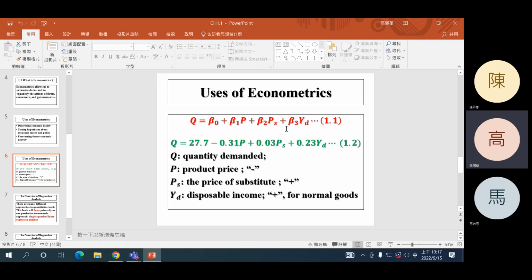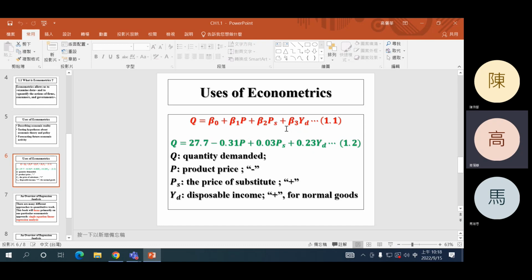And what will decide the quantity of the iPhone will be on the right-hand side. Even if you don't know the economic theory, if you want to buy the iPhone, what factors will affect the demand? The first one, P, is the price, the product price.